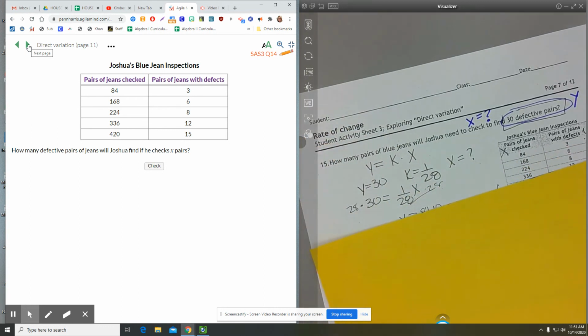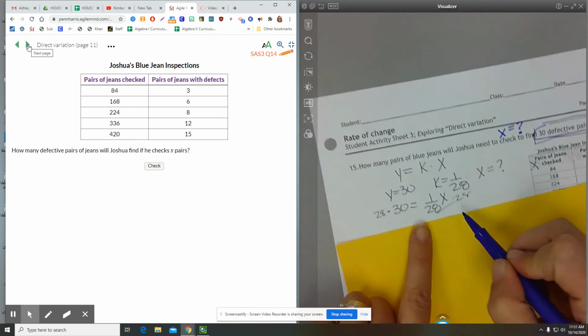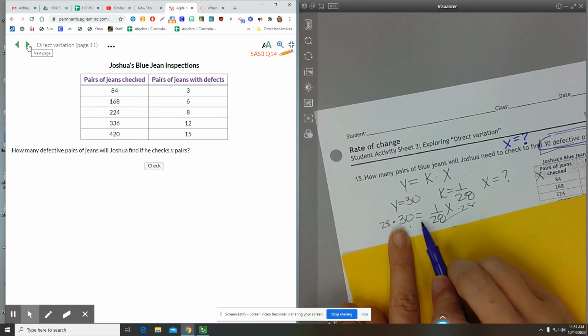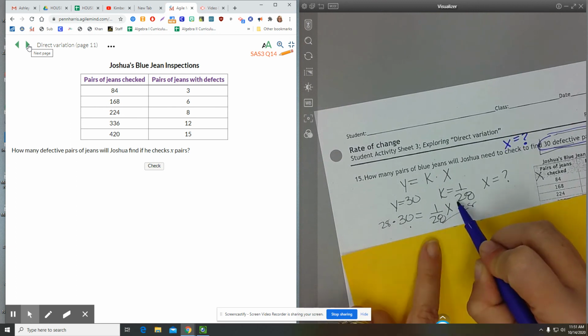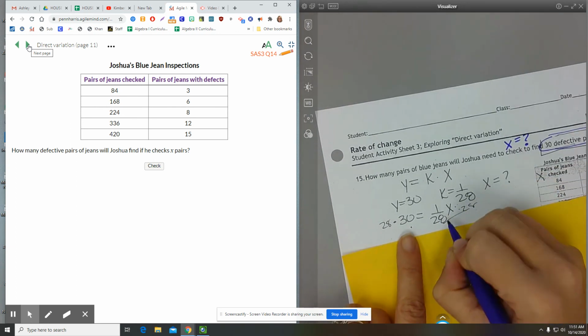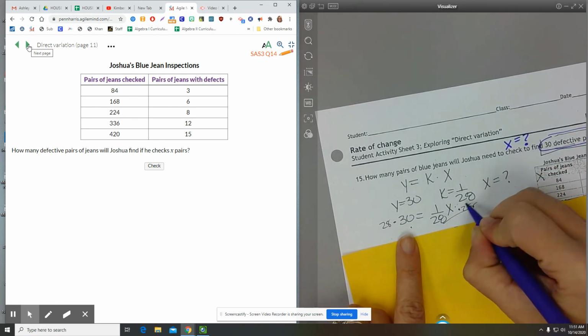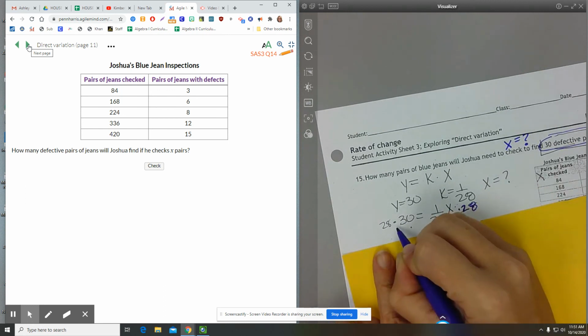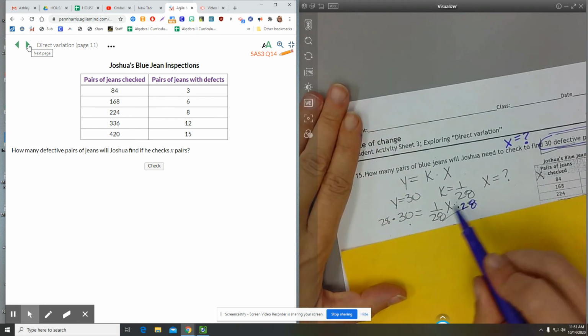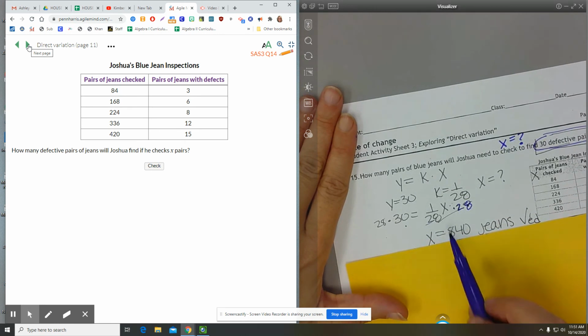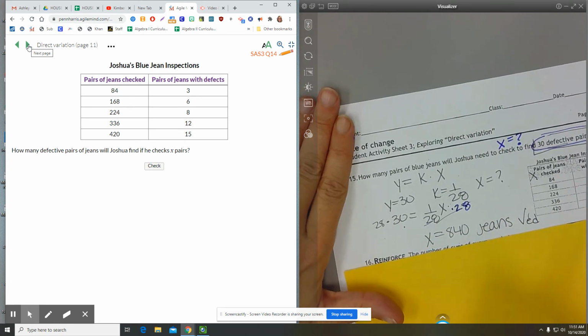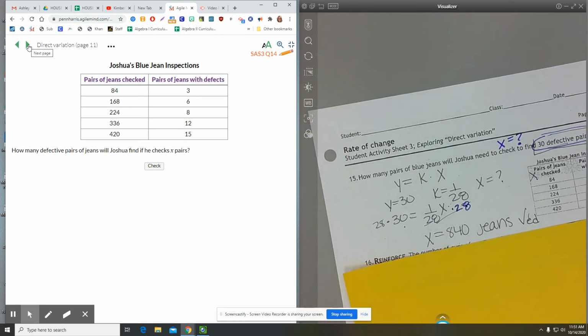So now when I plug this into the formula, we have 30 equals 1 over 28 times X. To get rid of that number in the denominator, we're going to multiply by 28 on both sides. And when I do that, my 28s cancel here, and I'm left with X equals 840 jeans checked. Okay? And that is it for student activity sheet 3.